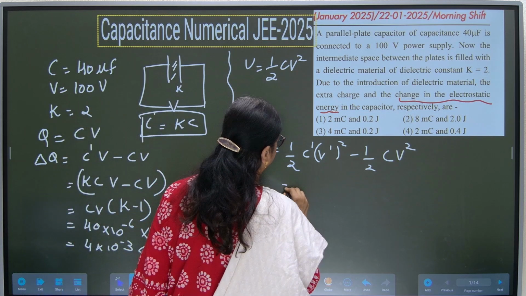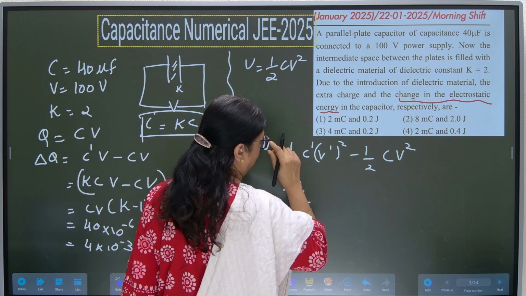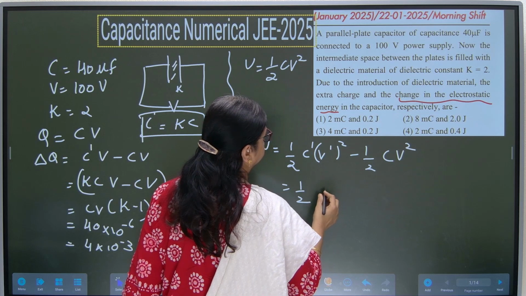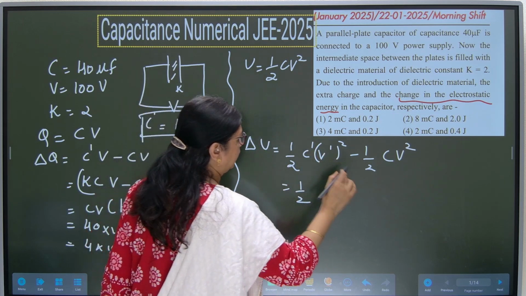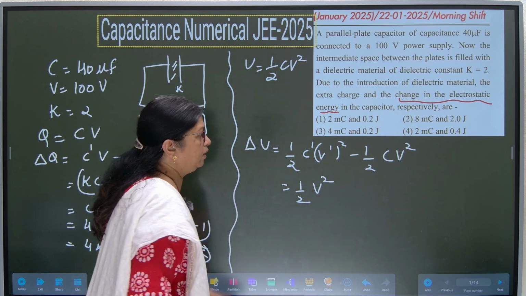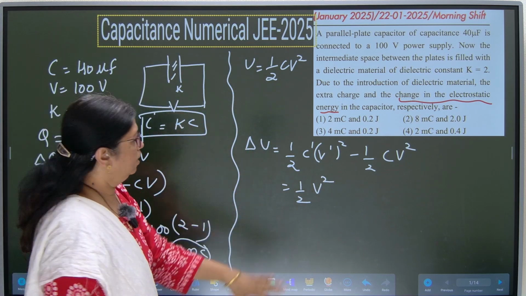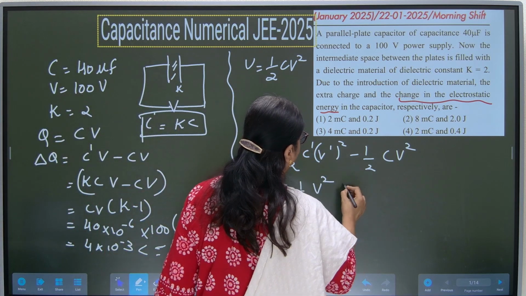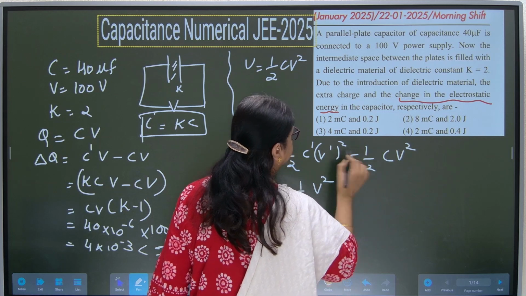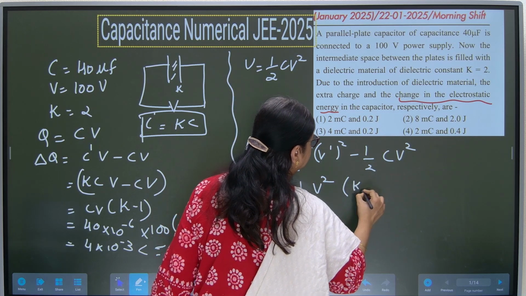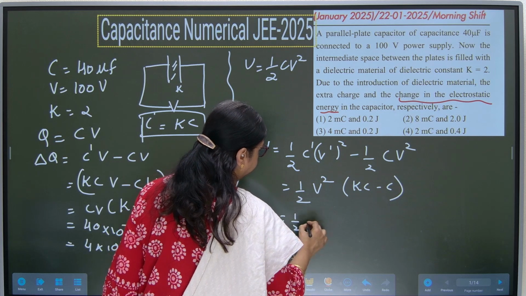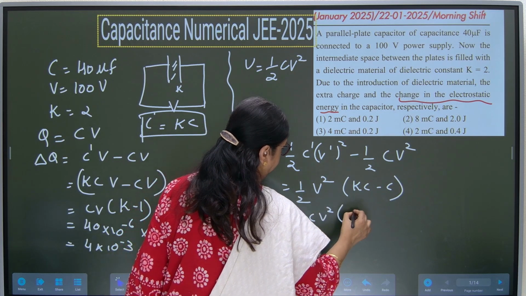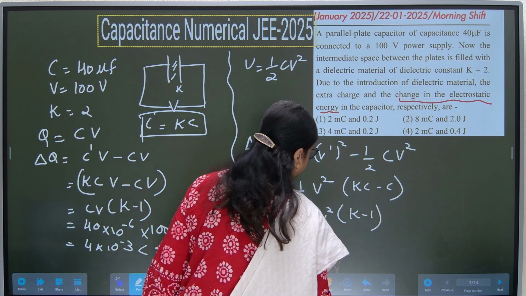So let us substitute that. Half we can take common, and V is the same, V is not changed. So V square also we can take common. What is left out is C dash minus C, that is KC minus C, which is equal to half CV square into K minus 1.